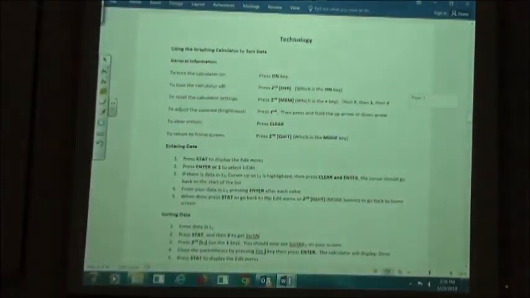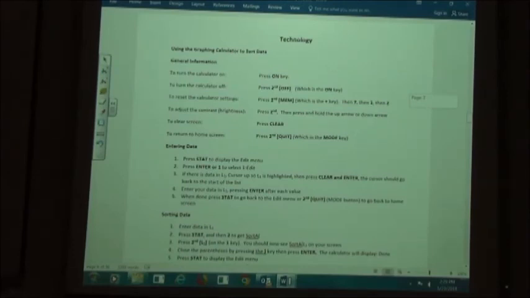We're going to do a technology activity, just right in the middle of your thing. So I'm going to grab you some graphing calculators. Now some of our technology things we will do on Excel, and others we will do on the graphing calculator.